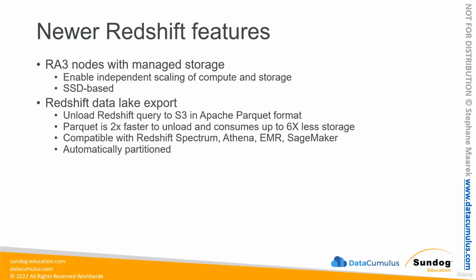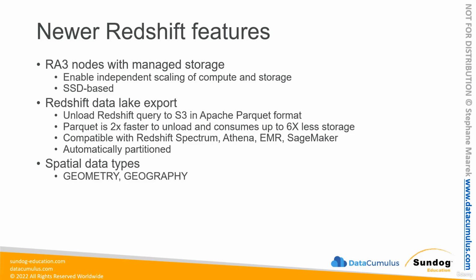The motivation of doing that is that the Parquet format is twice as fast to unload, and it also consumes up to 6x less storage. So it's a very fast and compact way of exporting data to a data lake. And that data lake that you end up with will be compatible with Redshift Spectrum, Athena, EMR, or SageMaker, anything that can read from S3. It's also automatically partitioned for you, so you don't necessarily have to think about that.